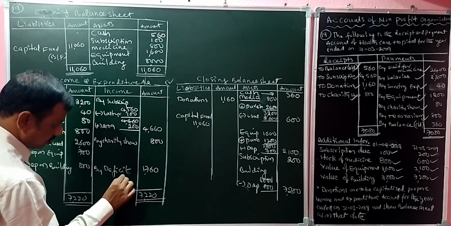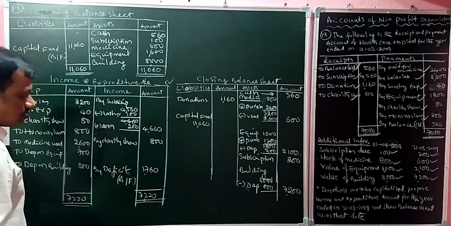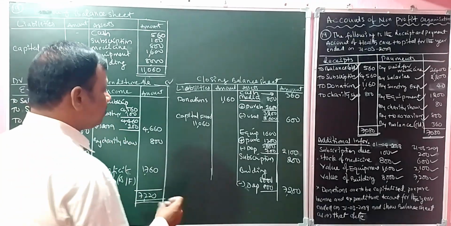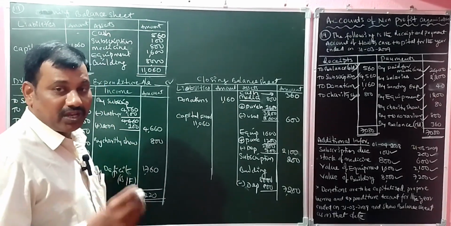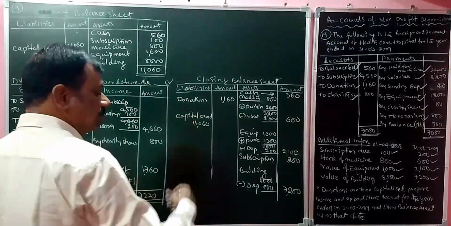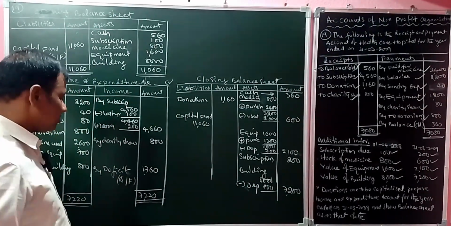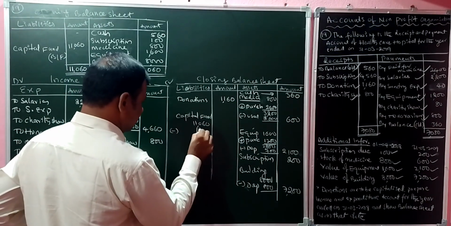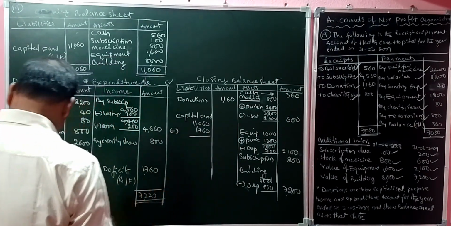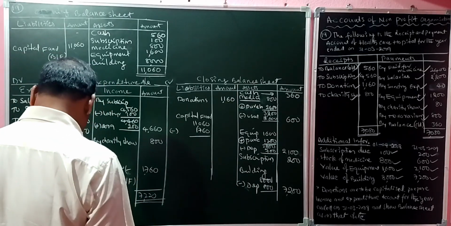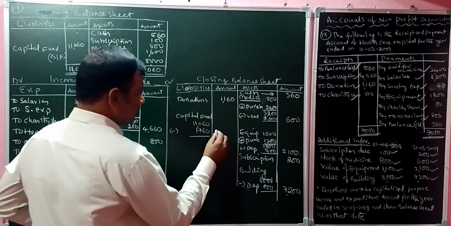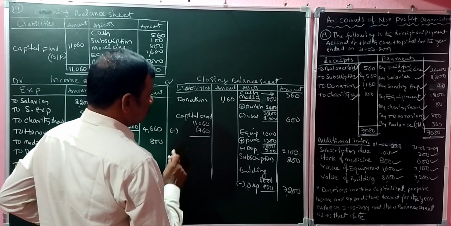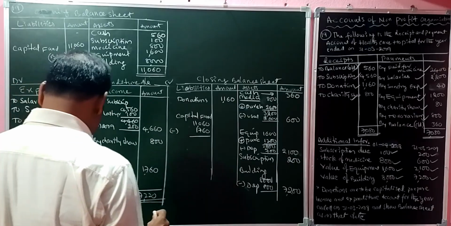So here deficit is there. This deficit is deducted from capital fund. If any surplus is there, that is added to capital fund. So here deficit is there, so that is deducted from capital fund. So 1760. Then value is how much? 11,060 minus 1,760. So here value is 9,300.